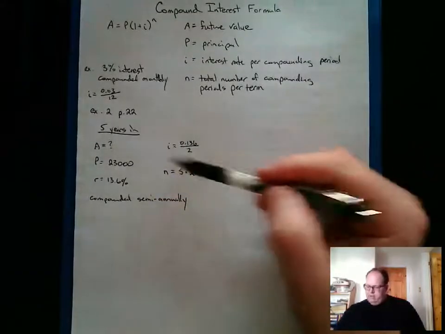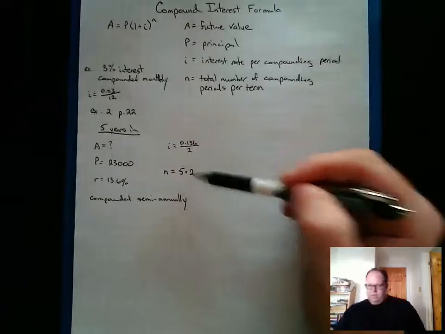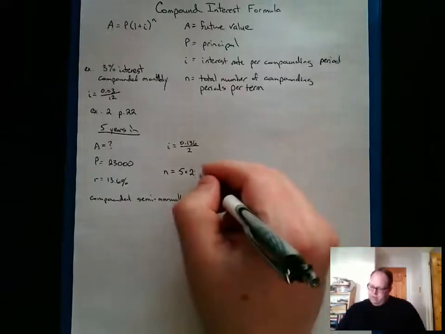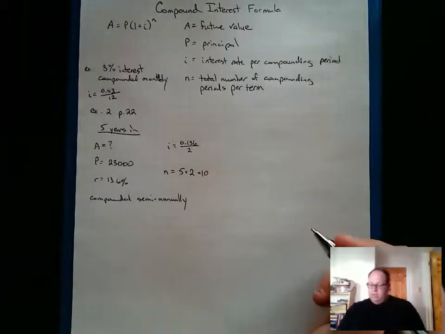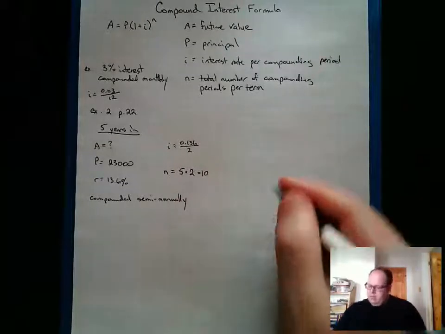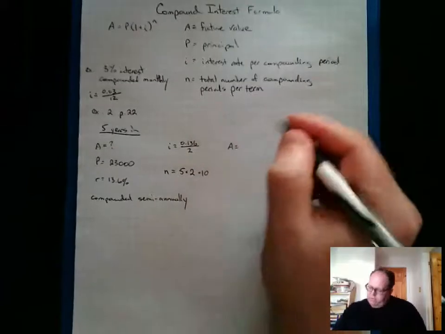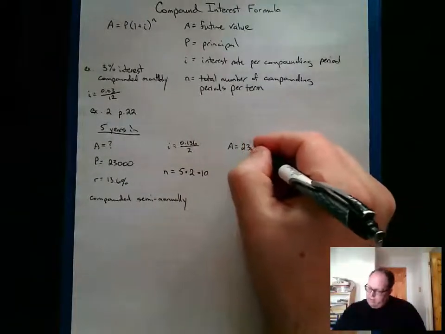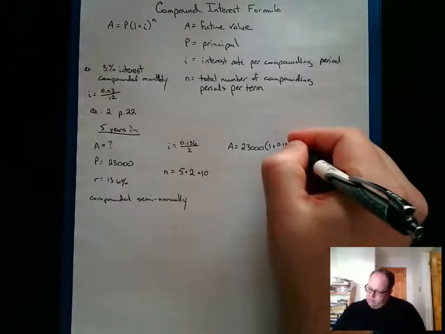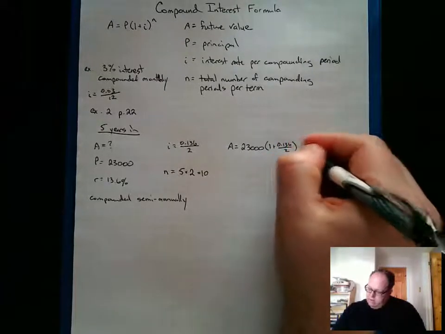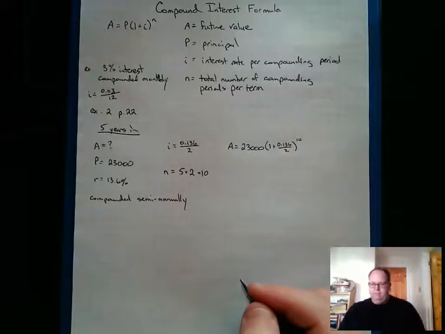So my 5 years is here, my semi-annually shows up in here. So in those 5 years, I end up going through 10 compounding periods. Now that I know all this, I can use the compound interest formula to figure out the future value. It'll be 23,000 times (1 plus 0.136 divided by 2) raised to the power of 10.